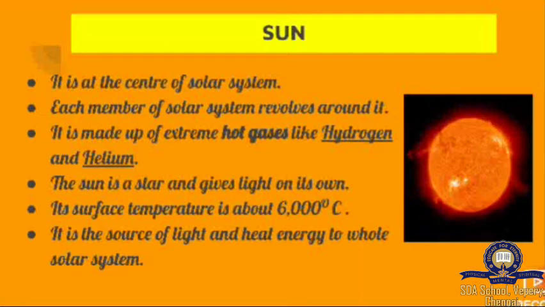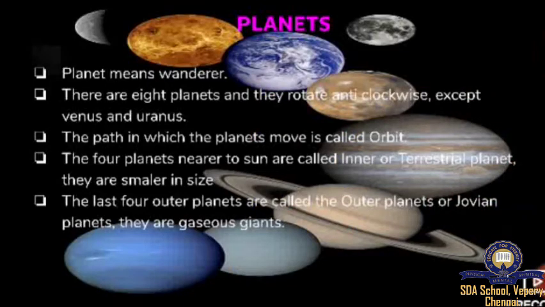Let's see the planets now. Firstly, planets. Planet means wanderer. There are 8 planets.